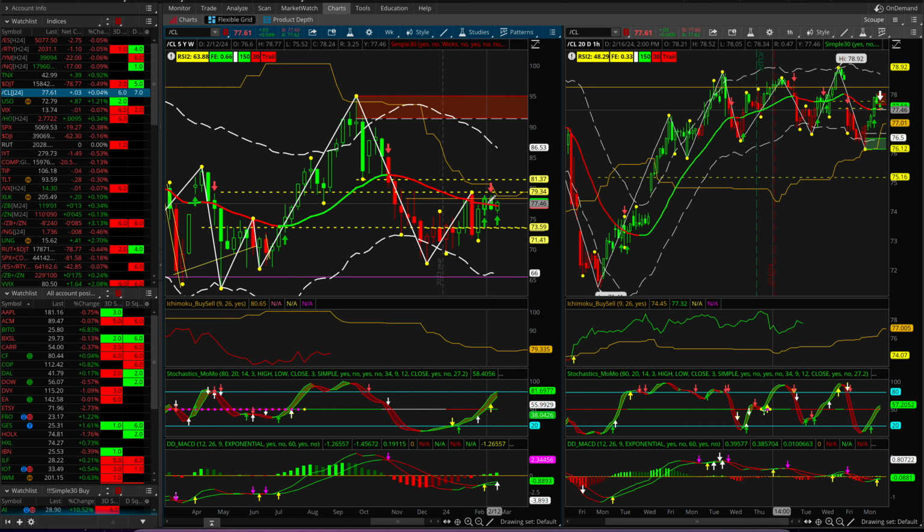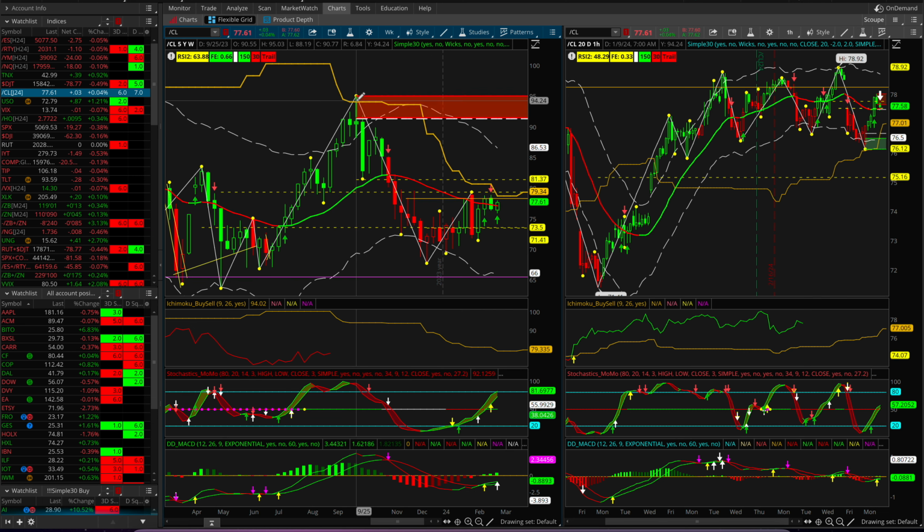So you can see we had this breakout pivot back here. This is a weekly chart, so this has been a few weeks back. In fact, it's a couple months at this point. And that's 9/25/23.